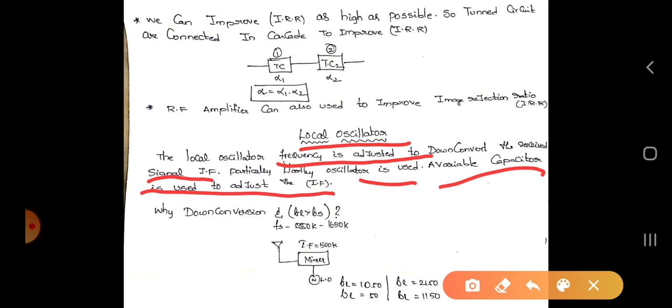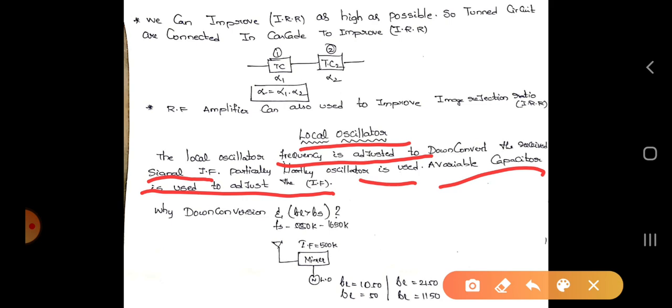If you want 500 kilohertz, then we can adjust the local oscillator and down convert, that is FL minus Fs, and finally we will get 500 kilohertz at the output. That is our required application. So based upon the local oscillator adjustment, that is down conversion, we are getting the final applicable frequency, that is the intermediate frequency.